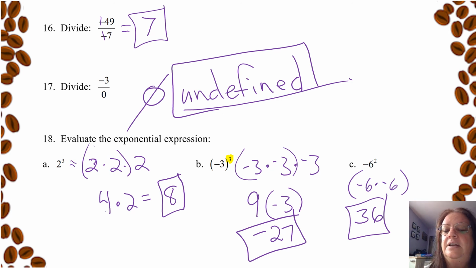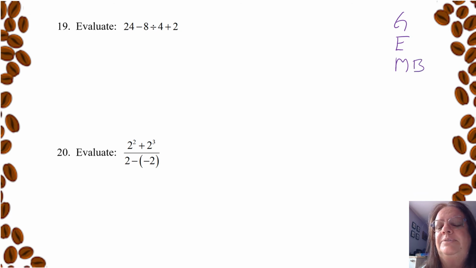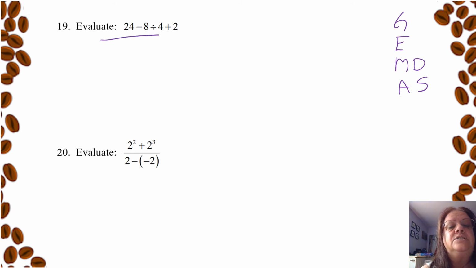Okay. Moving on, last page, last couple of problems. All right, now this is an order of operations thing. Remember, you do your GEMDAS. Grouping, exponents, multiplication, division. That's not a D, that's a B, silly me. Okay, division, addition, subtraction. Okay, first pass through, we have this division to do.